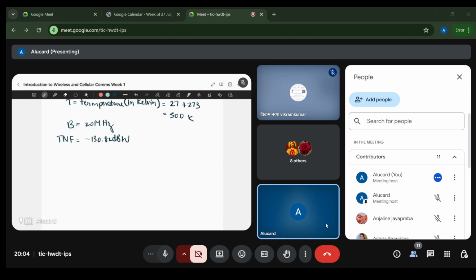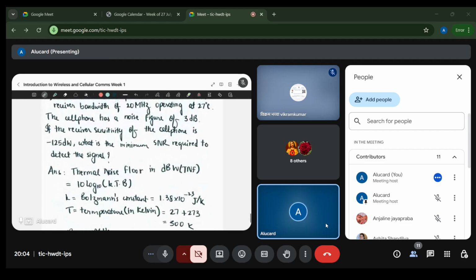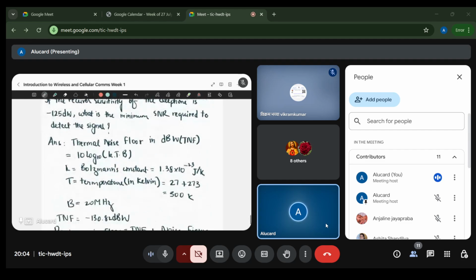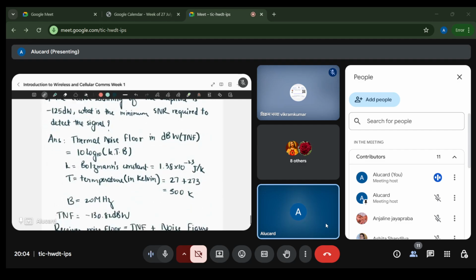Now the receiver noise floor will be this TNF plus the noise figure, which is how much degradation the device itself, the cell phone itself, causes, and it causes a degradation of 3 dB.